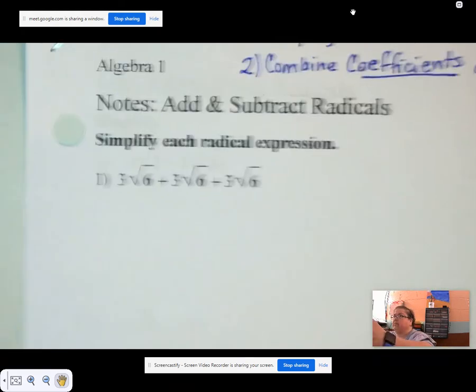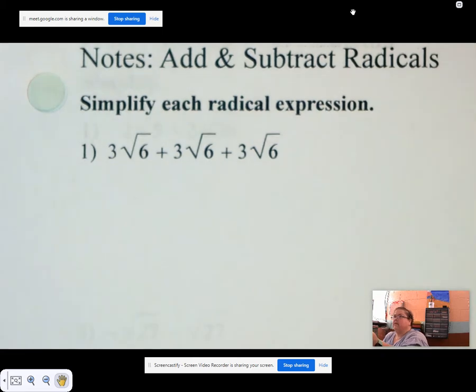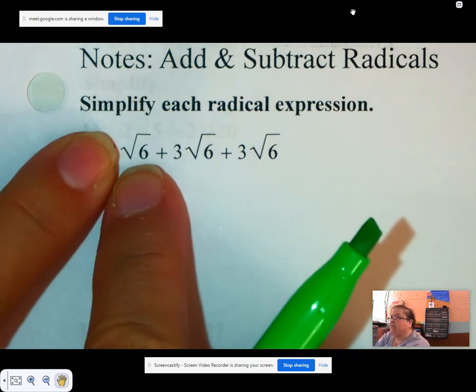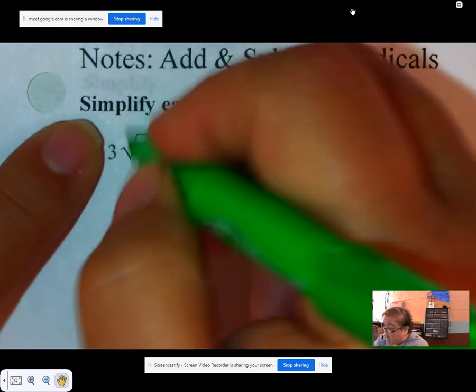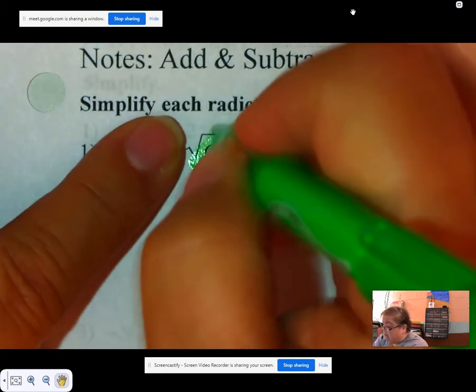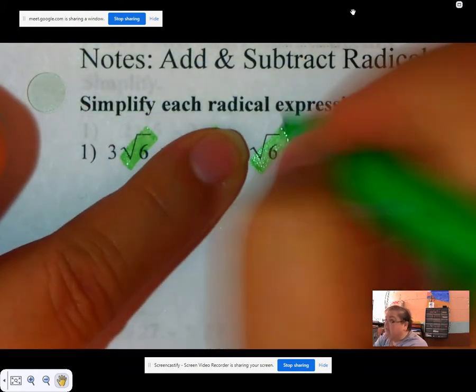Let's look at example 1. 3 root 6 plus 3 root 6 plus 3 root 6. I'm looking at the radicals to determine if they're like or not. This one is root 6, this one is root 6, this one is root 6.